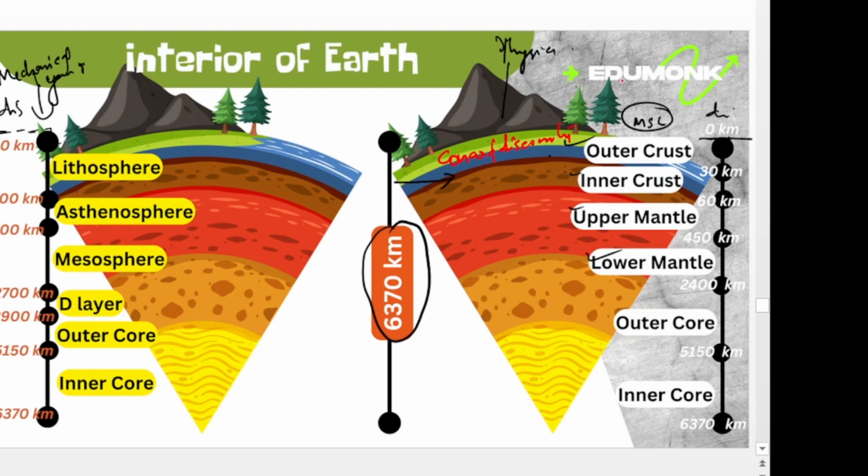Then in between the inner crust and upper mantle, there is a discontinuity known as the Mohorovicic discontinuity. Then in between the upper mantle and lower mantle, there is a discontinuity known as Repetti.